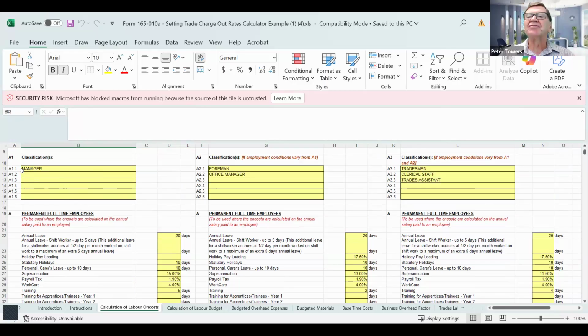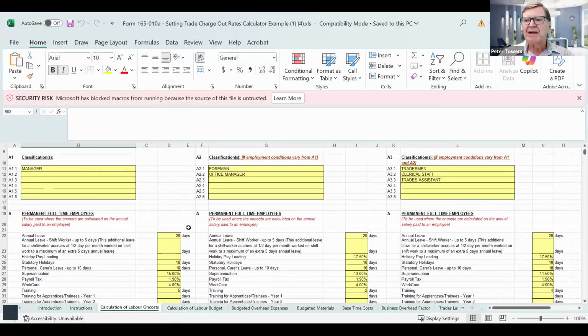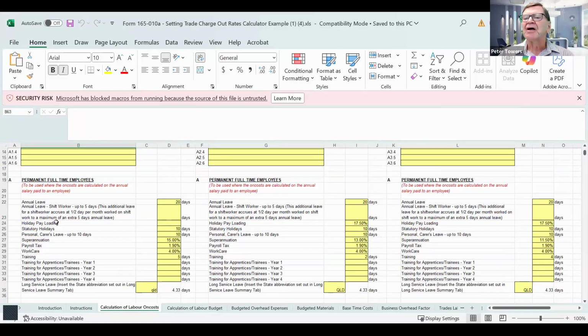So the idea is that you insert the classification where everything to do with the leave entitlements is the same. In this case, we've only got one, the manager, because there are some variations for this particular person.